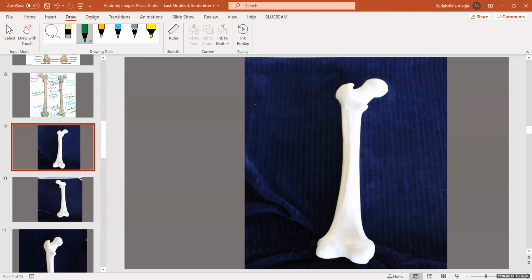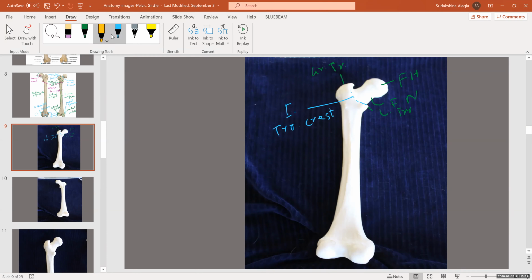Now I have a single femur here. You can see the same structures here. Femoral head, femoral neck, greater trochanter, lesser trochanter, intertrochanteric crest.